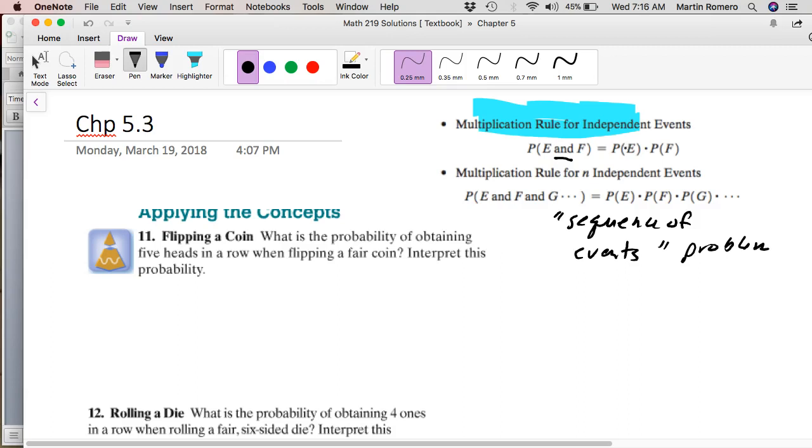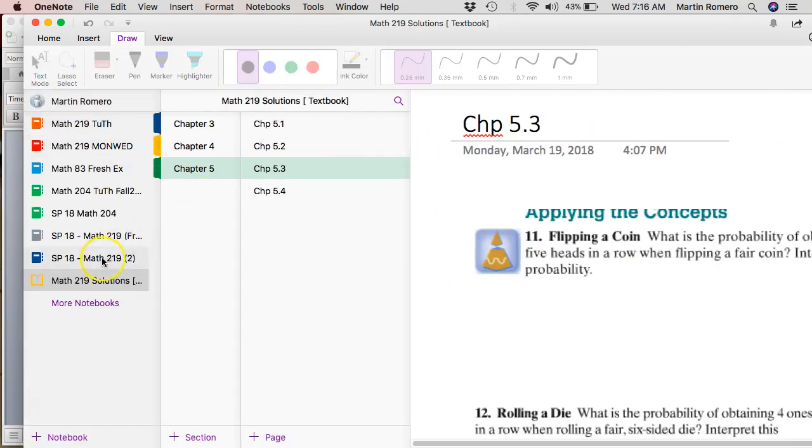So again, that's the idea of independence. You'd want to go back to your notes and take a look at that definition in Chapter 5.3.